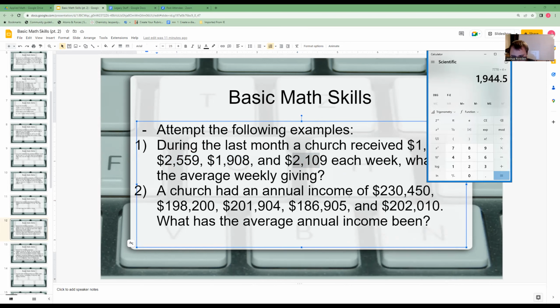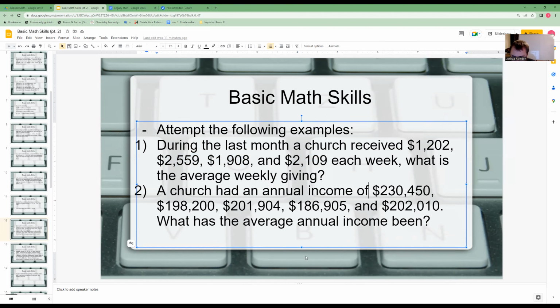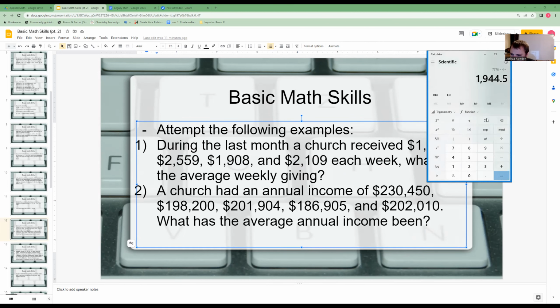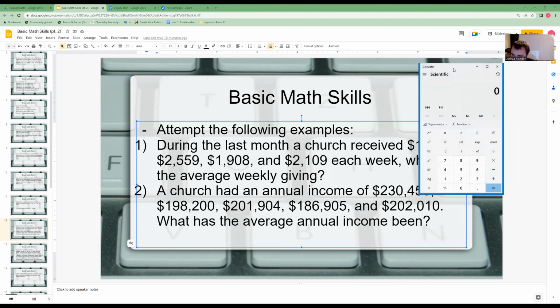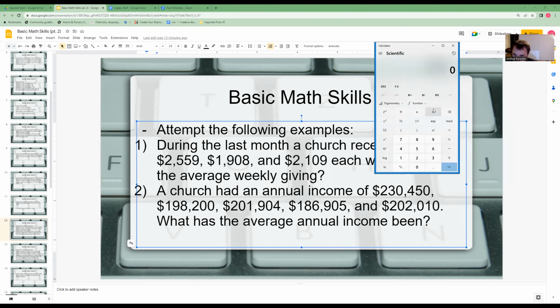Okay, what about, let's do annual income here. Church has an annual income of 23,450. So let's type that in. So let me clear what we had here. So we have 23,450. I mistyped that. 230,450.